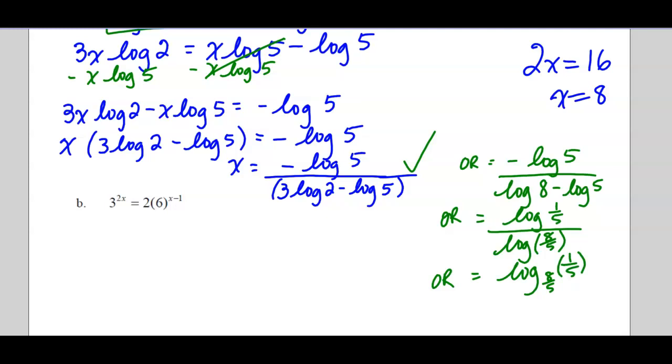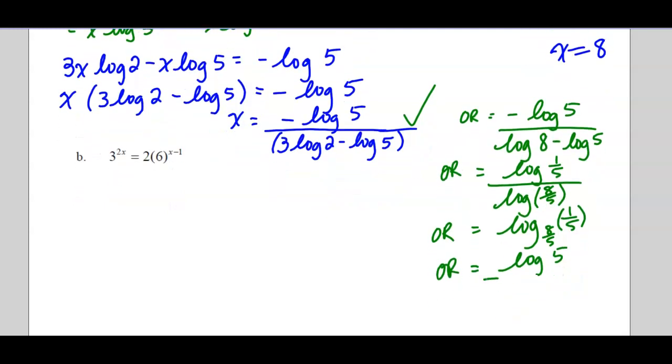You could factor, that could go down below. It's the nice thing about logs, you can express it a bunch of different ways. Down there, it would be negative log 8 plus log 5, so that would be log of 5 over 8. And then you can do the same thing there. So many choices. But the first one is fine.